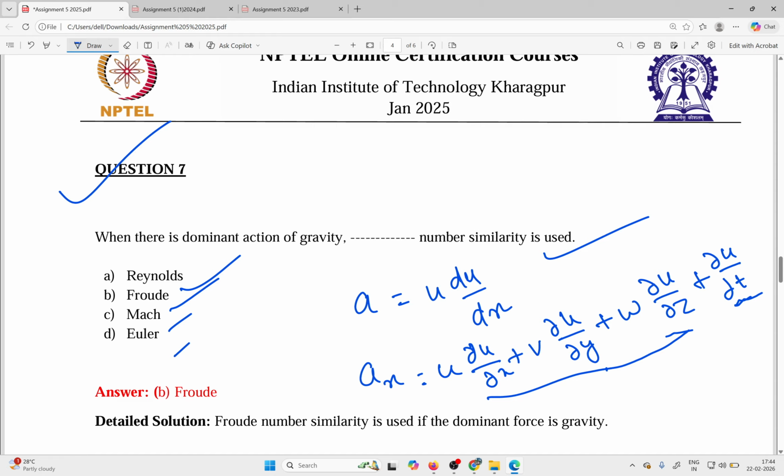So now for the acceleration, see the unit u del u by del x.